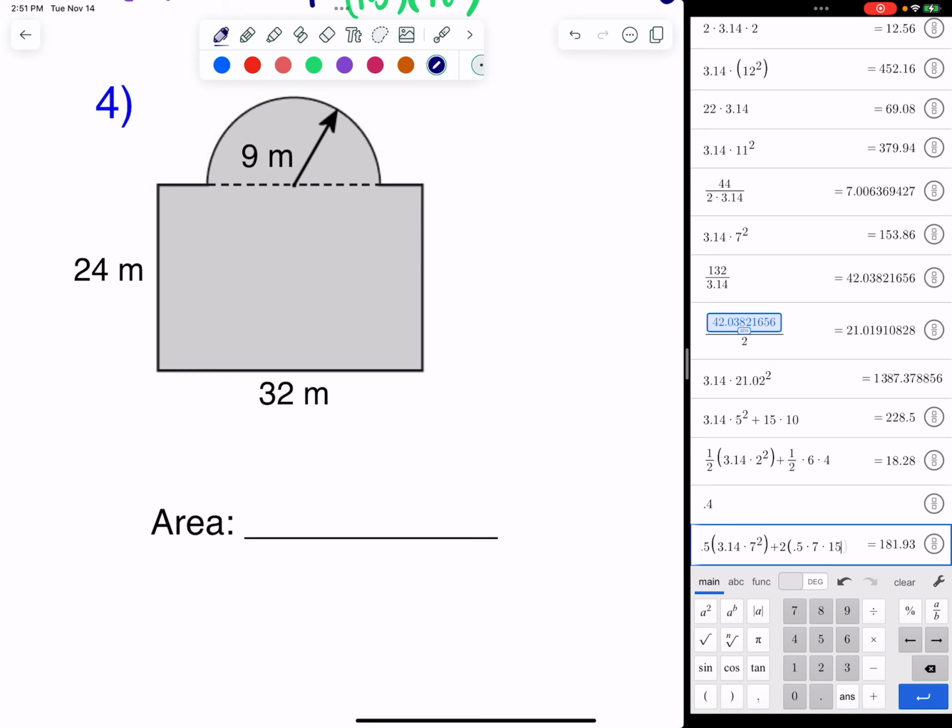4 is a little different. 4 is a rectangle. I can handle that part.